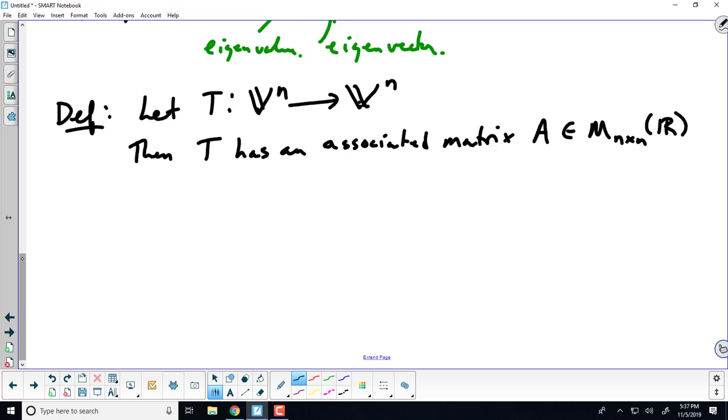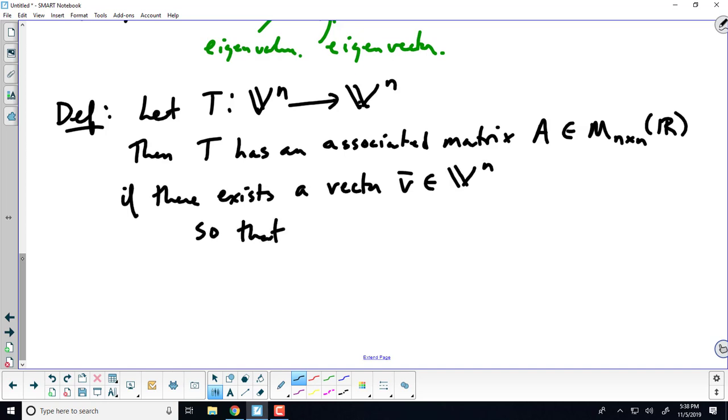If there exists a vector V contained in Vn so that T of V equals some lambda V, for lambda contained in the real numbers.